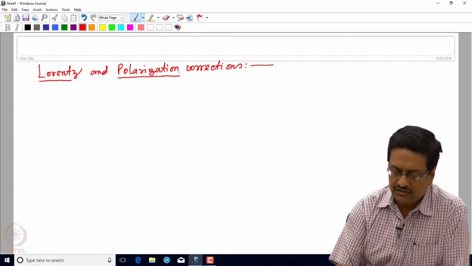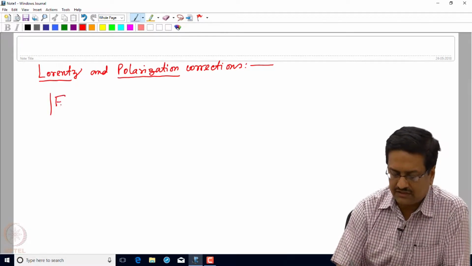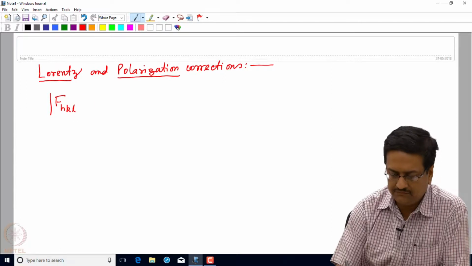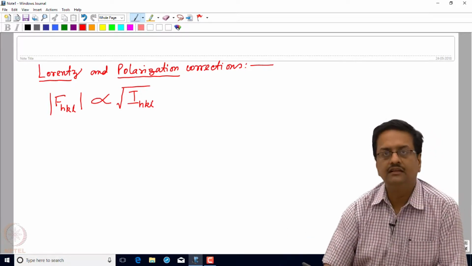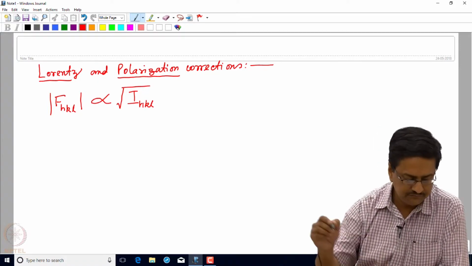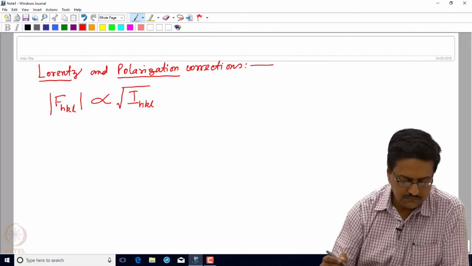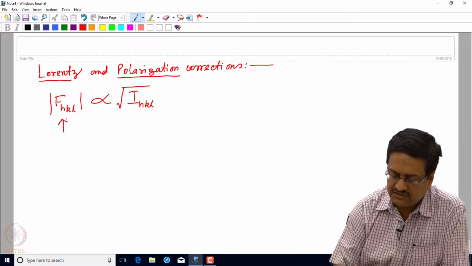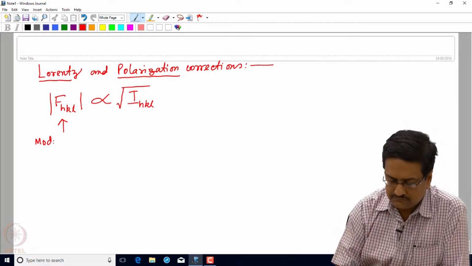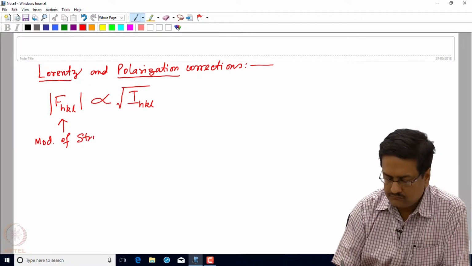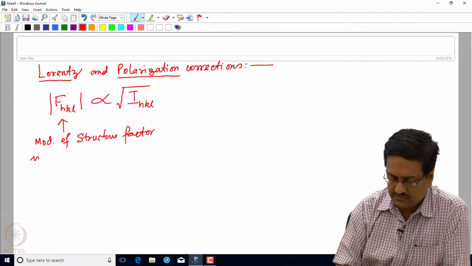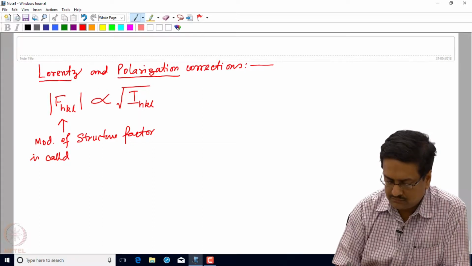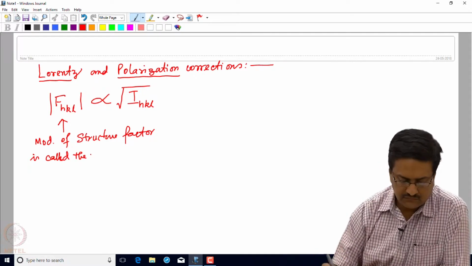As we know, the modulus of structure factor for every reflection F_HKL is proportional to the square root of I_HKL, that is the intensity that is observed. This modulus of structure factor is called the structure amplitude.